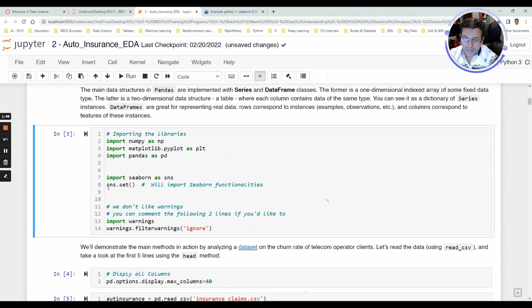In line number 8, sns is the alias or shortcut we gave to Seaborn, and I did dot set. This line tells the system, yes, if you are using Matplotlib codes, please go ahead and borrow the functionalities from Seaborn. And I'm going to run this.